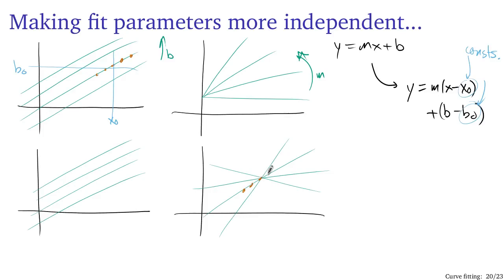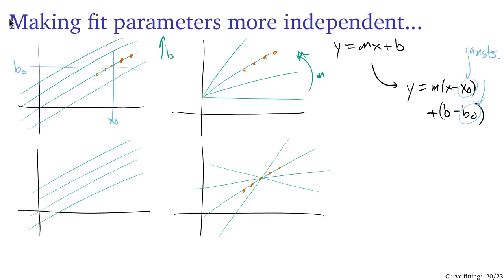So if my data set is over here, centered around where I chose for x0, then changing the slope doesn't move everything up and down. If my data set is over here, changing the slope moves my curve up and down. That's one way you might retool a linear fit to avoid possible correlations between slope and intercept.